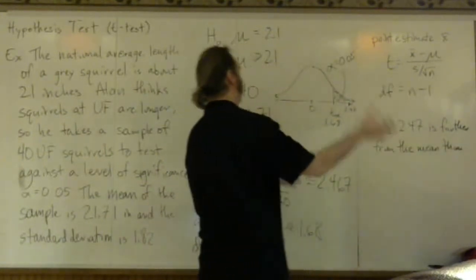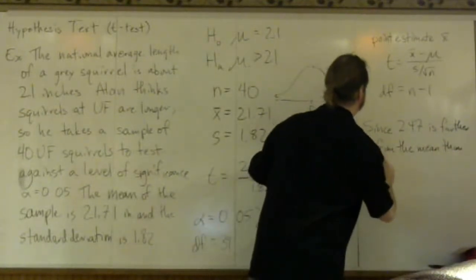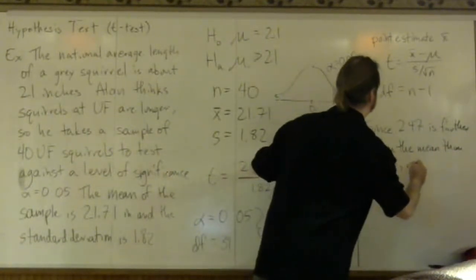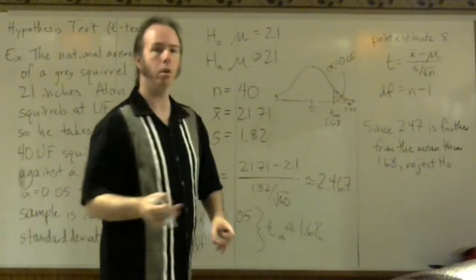So 2.47 is farther away from the mean than 1.68. And I can reject the null hypothesis.